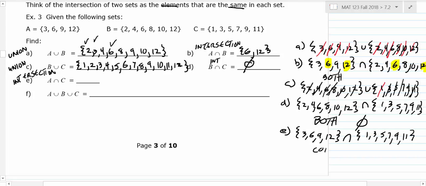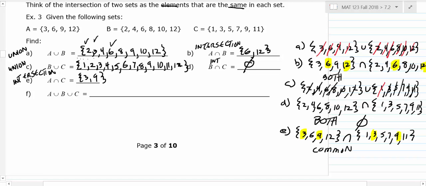So you're just looking at what's in common between the two sets. Do we have anything in common? Okay. The 3 is in common. Anything else? Looks like the 9, so that is 3, 9. That's your set. There are 2 elements in that, so that's how you would write that intersection.